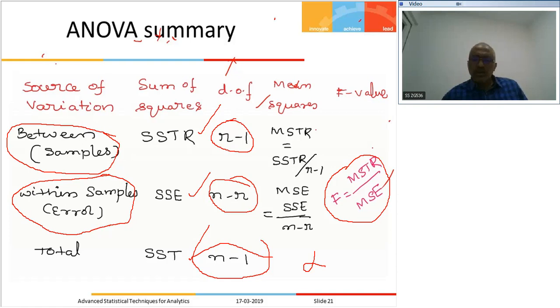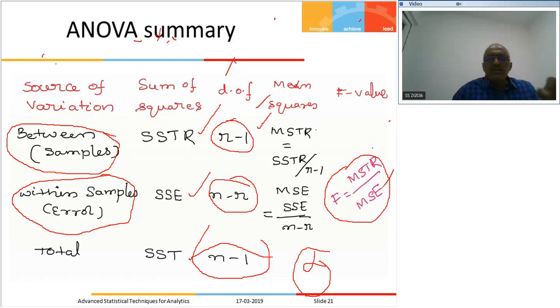So MSTR is the numerator, whose degrees of freedom is r minus 1, and MSE is the denominator, whose degrees of freedom is n minus r. So for these degrees of freedom, at the given level of significance alpha, we have to take the value from the table, and we already calculated a value, and we need to compare it to validate the hypothesis like what we have been doing.